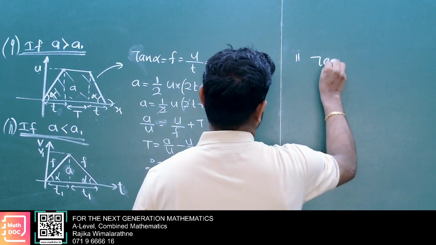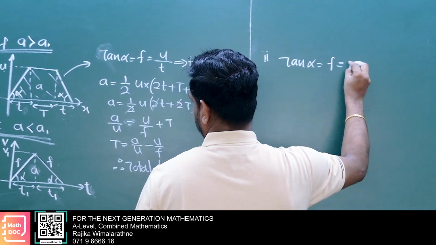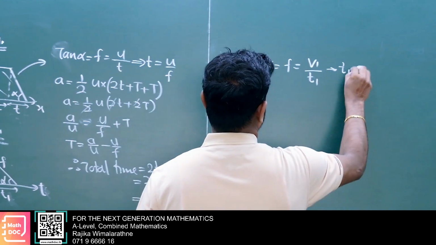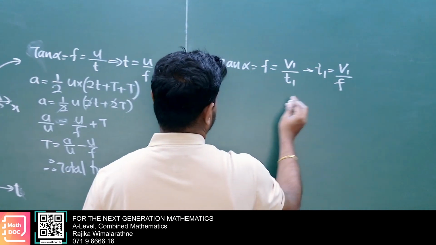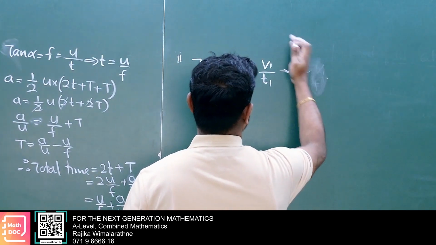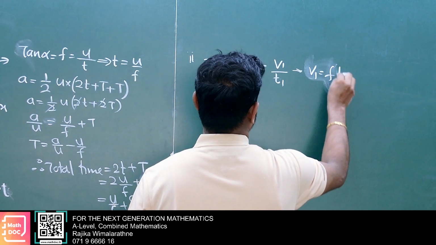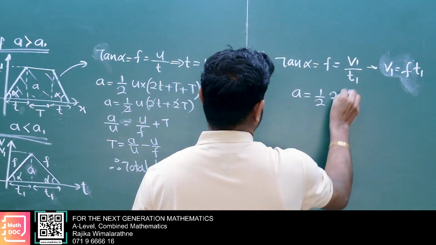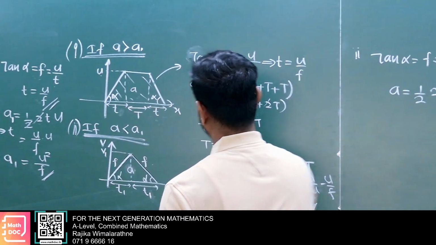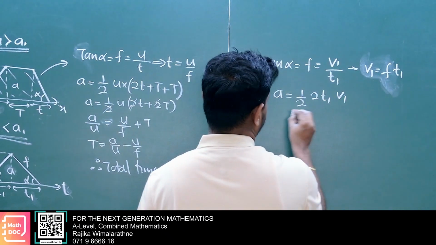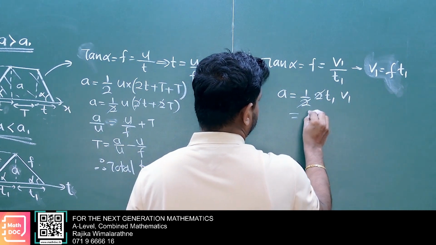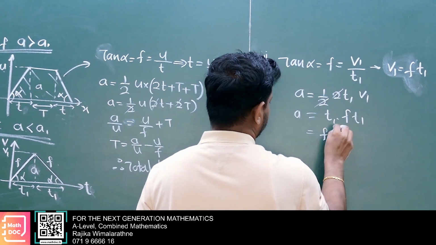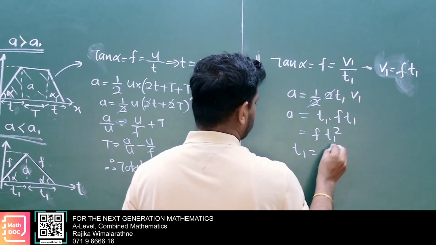Second case, tan alpha F, V1 over A, V1 over T1, T1 V1 over F, or V1 equal FT1. Then total displacement A, half into 2T1, half into 2T1 into V1, T1 V1, FT1, T1 squared. Then T1 equal A of F root.